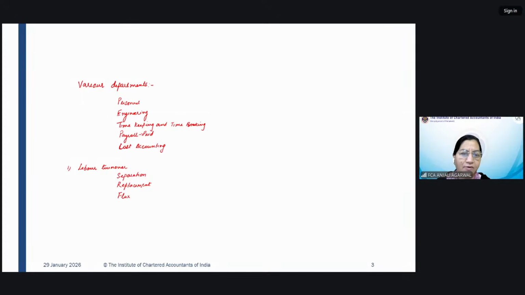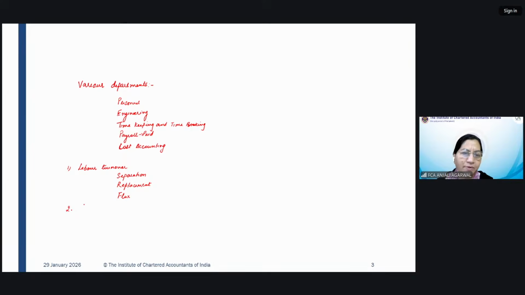Replacement means, of those who left, how many new employees have been recruited against those who have left the organization. Flux is the separation plus replacement, plus any new accession or new recruitments because of expansion or any other reason.